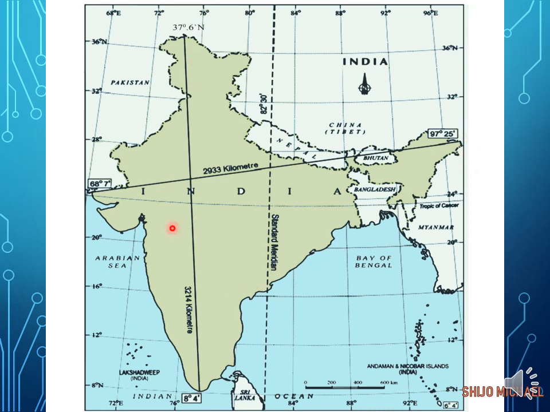And in this picture, one more information that you can get is India's vertical length and horizontal length. The vertical length is 2933 kilometers, that is the width of India, and the height of India is 3214 kilometers.